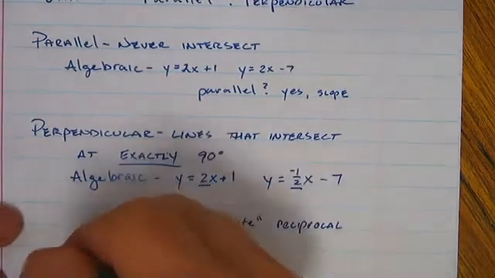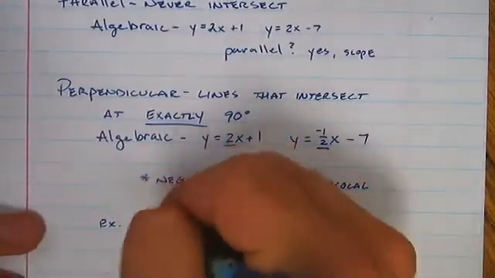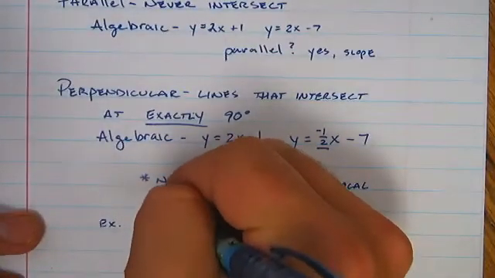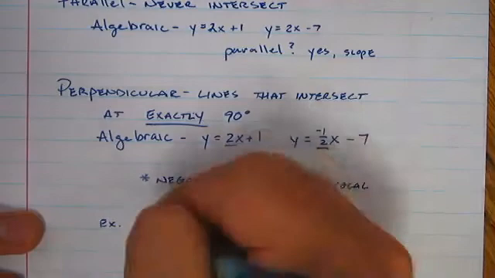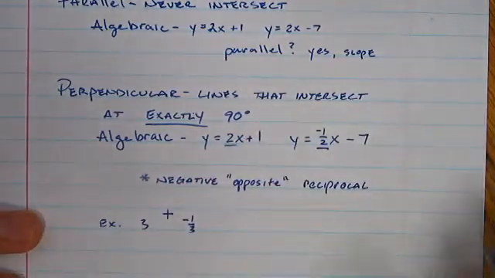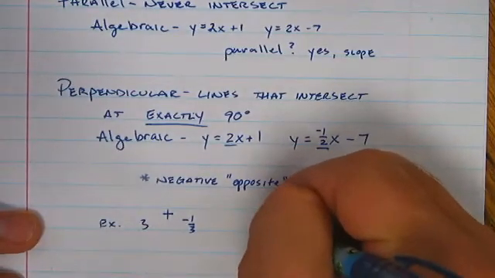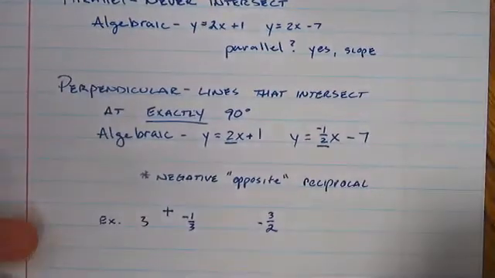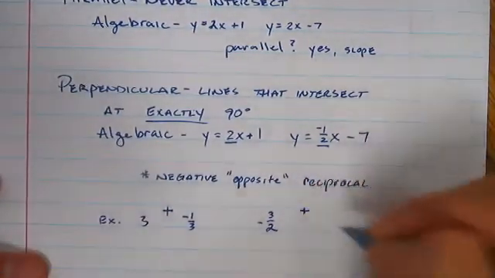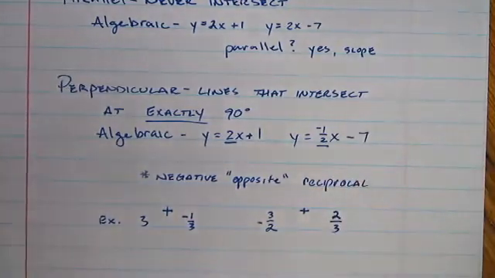So example, right? A slope of 3 would have a perpendicular slope of negative 1/3. Whereas negative 3/2 would have a perpendicular slope of positive 2/3.